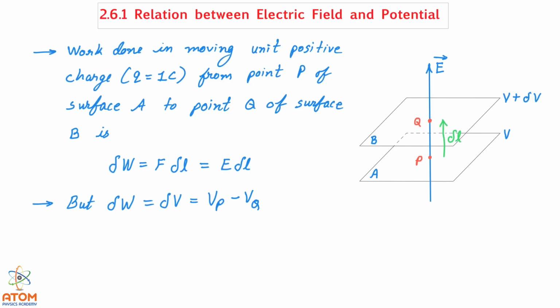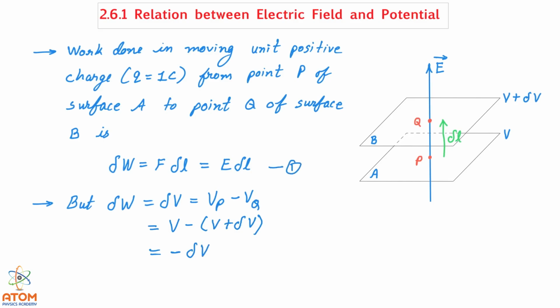But as we wrote, the potential at this point will be equal to the potential of this surface, and that is V. And the potential at this point will be equal to the potential of this surface, that is V plus del V. So putting those values, we can write further Vp as V minus V plus del V, and so it is minus del V.